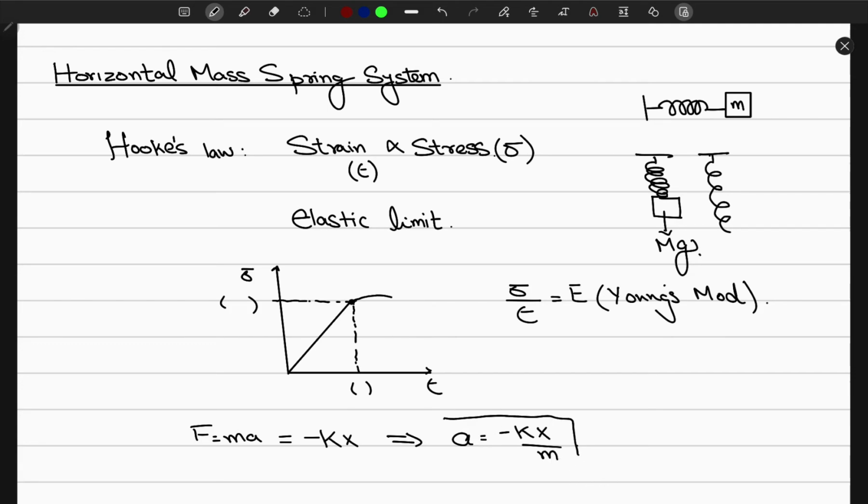So that's the acceleration for this mass which is attached to this spring, and it's performing a simple harmonic oscillation. Now you can also write down the angular velocity for this, which is omega is equal to square root of k over m, where k is again the spring's constant and m is the mass of this object which is performing the oscillations.